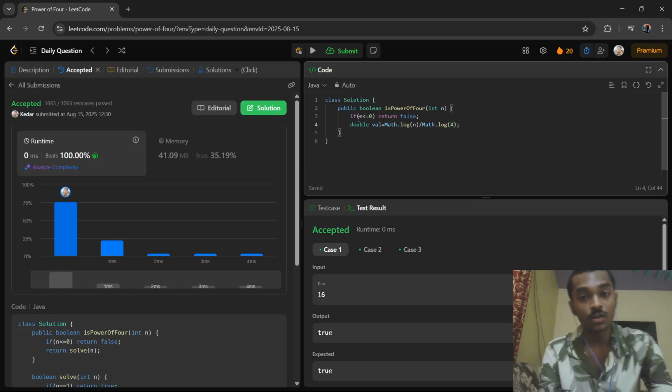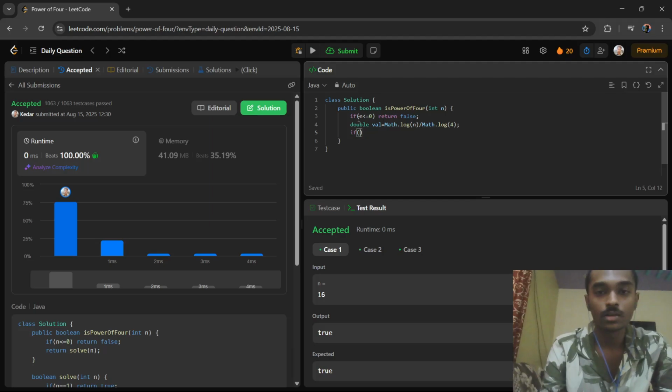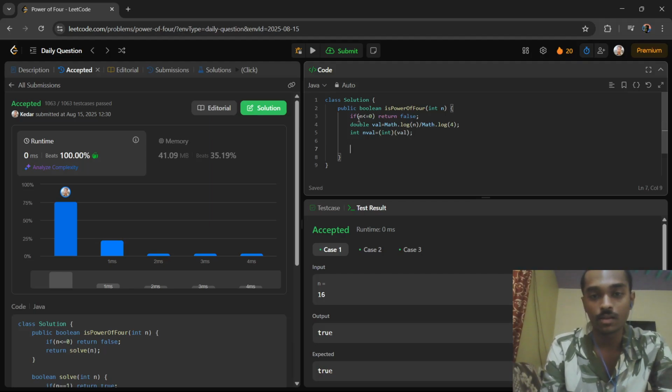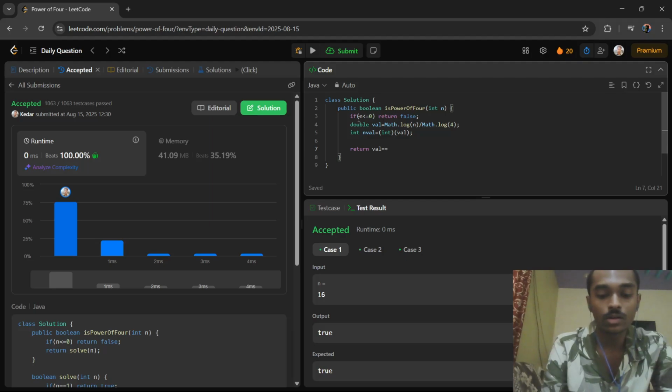Let's say the next value is the integer value of the value. So if both are the same, if our value is equal to our next value, the integer value, we have to return true.